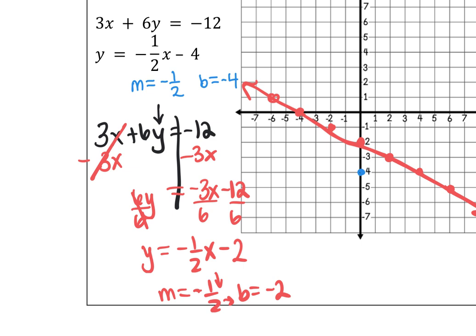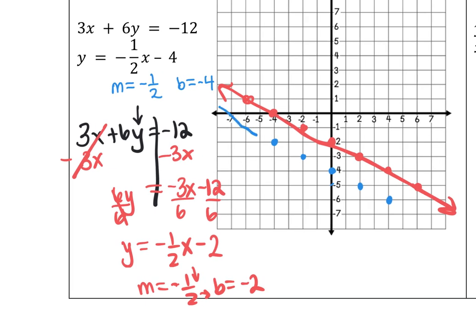It has the same slope. Good job. And remember, like we learned in the last section, if two lines have the same slope, that means that they are parallel. So you'll notice when you go to graph this, if I start at -4 and then down 1 over 2, down 1 over 2, I'm seeing that same exact rate of change. So my lines are never going to cross.